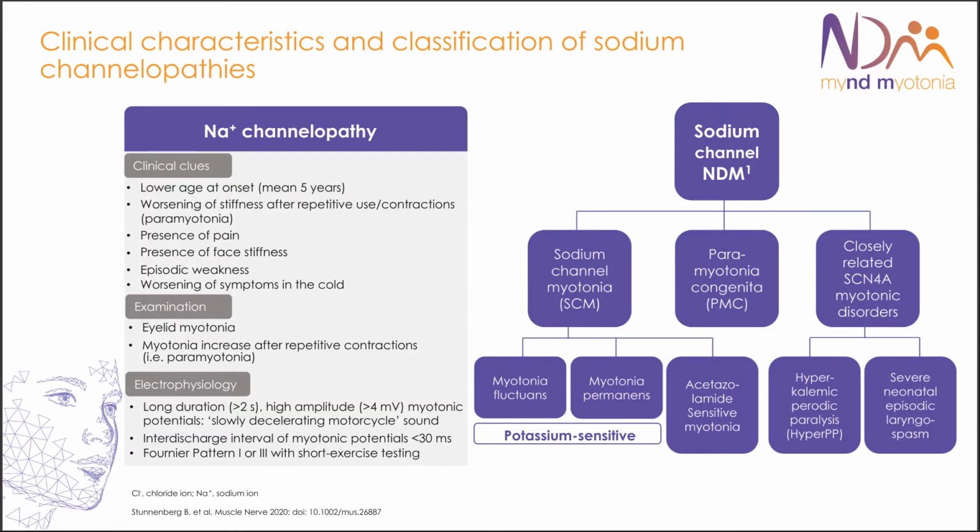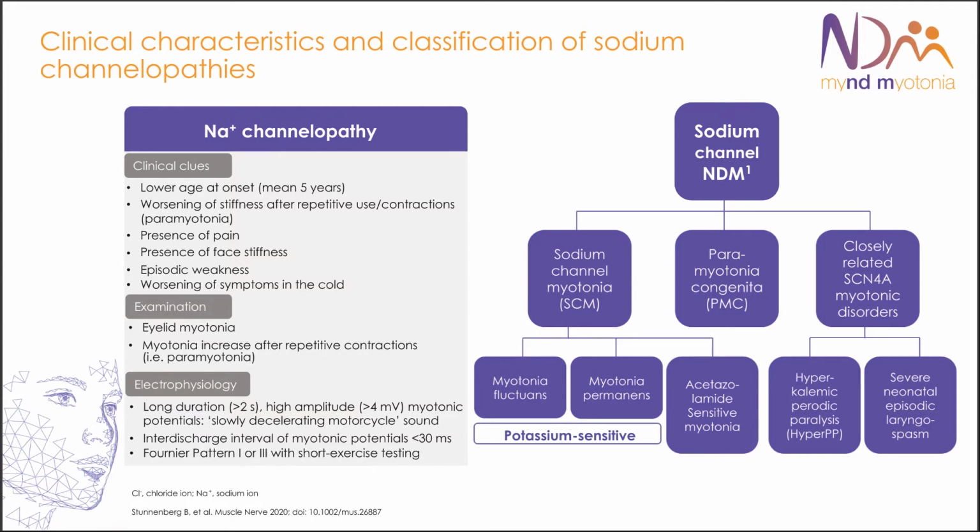In the clinical characteristics and classification of sodium channelopathy slides, you see that the clinical clues are a little bit different from those in chloride channelopathies. There's a lower age at onset, mean about 5 years, worsening of stiffness after repetitive use and contractions, which is called paramyotonia, presence of pain, presence of face stiffness.